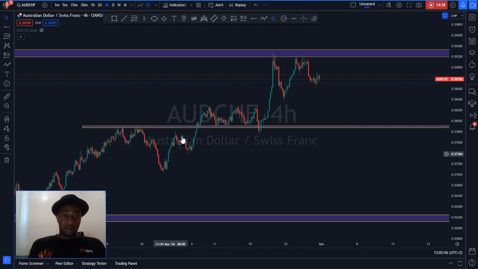But this impulsive move has higher highs, higher lows, higher highs, higher lows, and then the market gave us this impulsive move, and then it gave us this correction. After this correction, the market was supposed to give us the impulsive move which was going to break above this point, but the market did not break above that point right there.